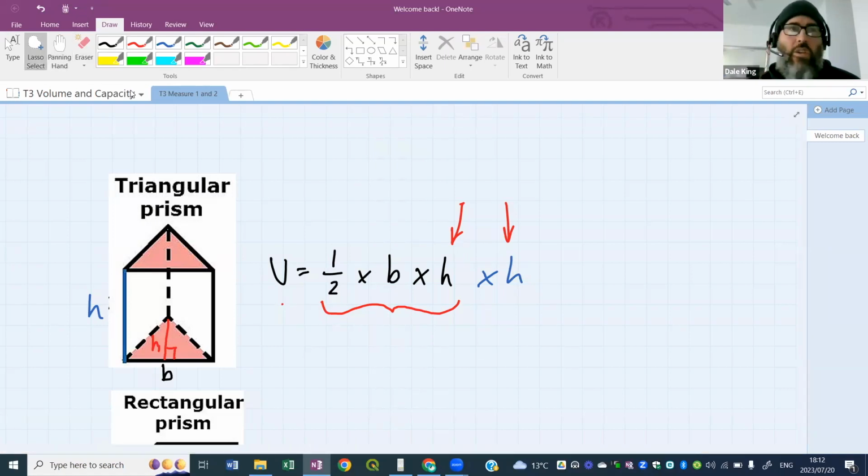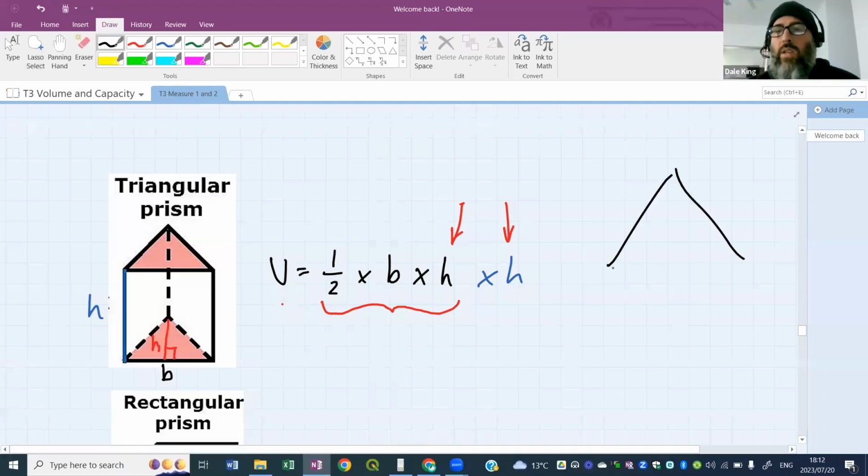Yeah, it is confusing. No, it's right that you are confused, because in the triangular prism formula, if I draw a triangle here, and I say, what is the area of the triangle? You need the base of the triangle, right? And then you need a height, which is this dotted line that must be at 90 degrees, right?